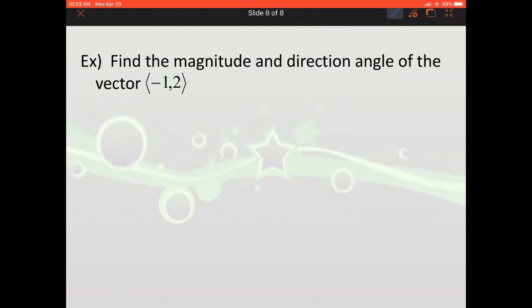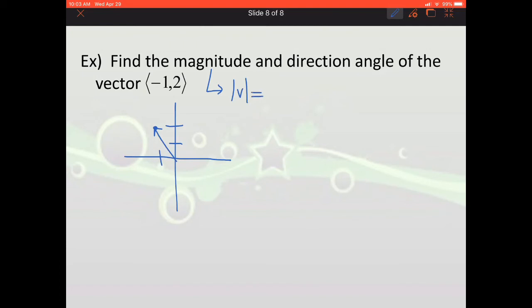All right, lastly, I have the component form of my vector this time, but I need to find the magnitude and the direction angle. So I have this vector at -1, 2. Okay, so there's my vector, and I need to find the magnitude and the direction angle. Well, I can find the magnitude, let's call it vector v.